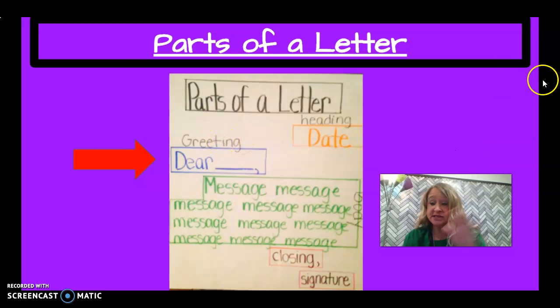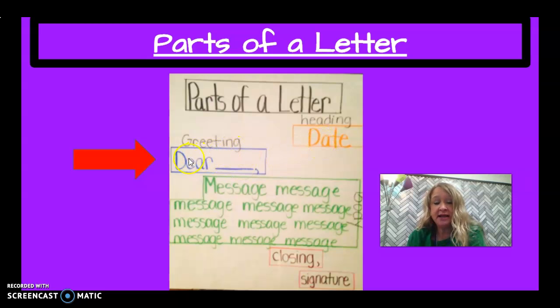The greeting is where you're saying hello in your letter, but we say that like this, dear blank. Okay, so whoever you're writing the letter to, it could be Santa, it could be grandma, grandpa, mom, dad, whoever you want to write a letter to, and their name goes here after dear blank. And then you write a comma before you start writing your letter.